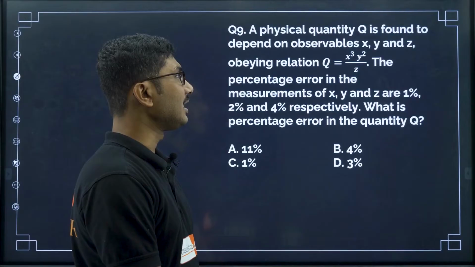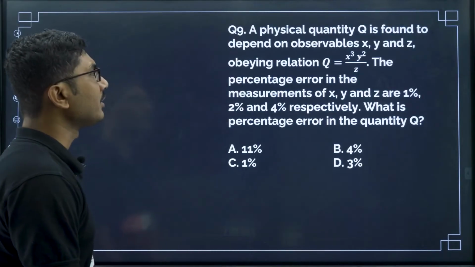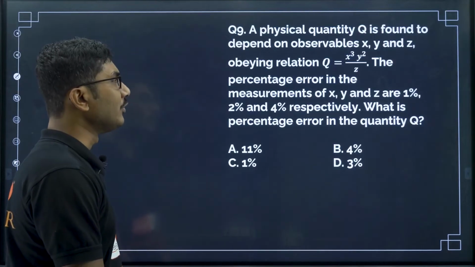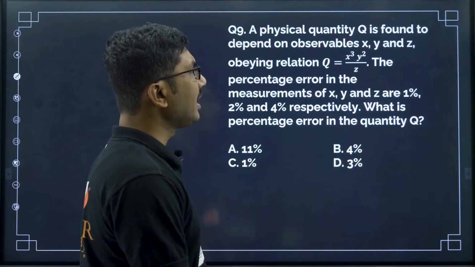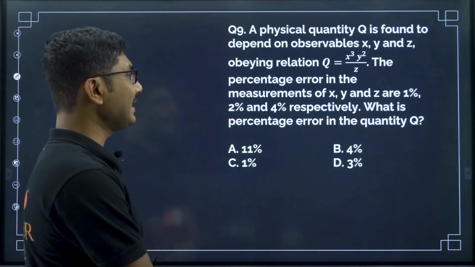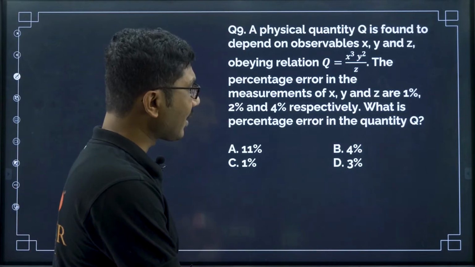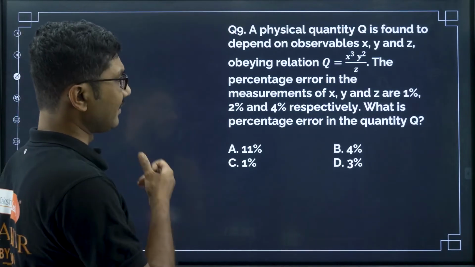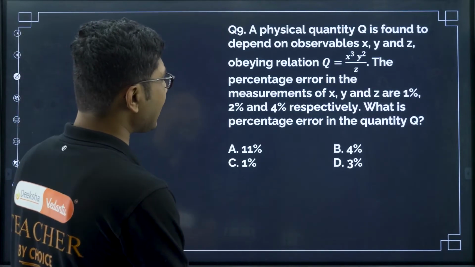A physical quantity Q is found to depend on the observables x, y and z, obeying the relation Q equals x to the power 3, y to the power 2, divided by z. The percentage errors in the measurements of x, y and z are 1%, 2% and 4% respectively. What is the percentage error in quantity Q?